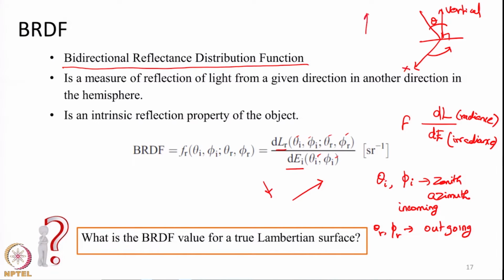Normally we measure it clockwise from north: east is at 90 degree azimuth from north, south is at 180 degree azimuth, and so on. From any one particular reference direction, the horizontal angle we measure is called azimuth, and the angle we measure from the vertical line is what we call zenith.